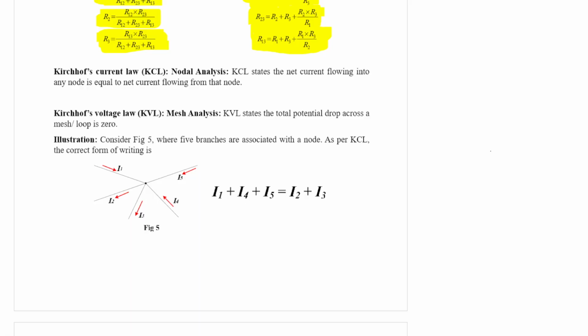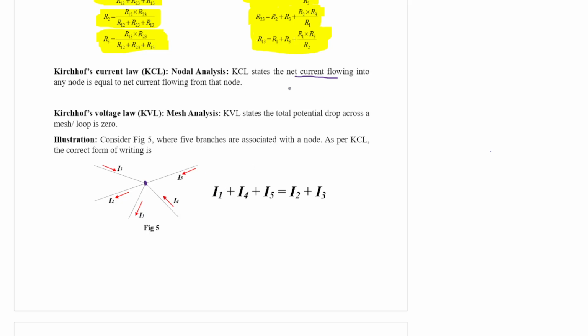So first, Kirchhoff's current law. Let us say we have a junction like this where different currents are entering or maybe leaving. According to KCL, it states that net current flowing into any node is equal to the net current flowing from that node.